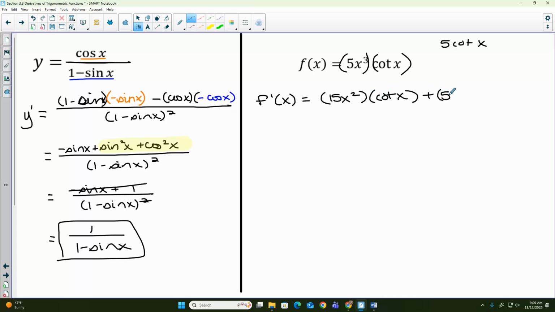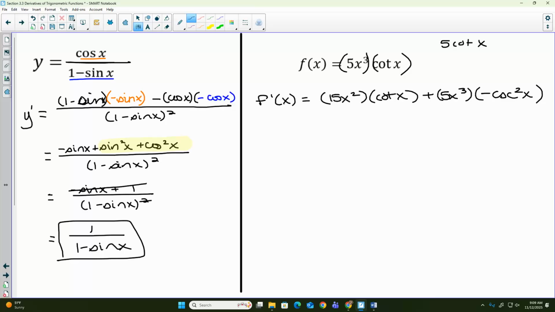Plus the first. Derivative of the second. What is the derivative of cotangent? Negative. Tangent and cotangent have similar derivatives. All the cos have a negative derivative.